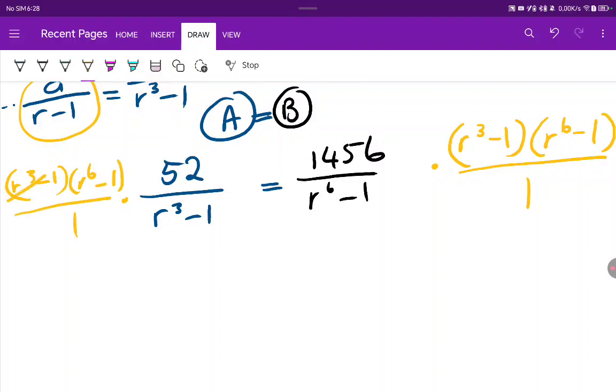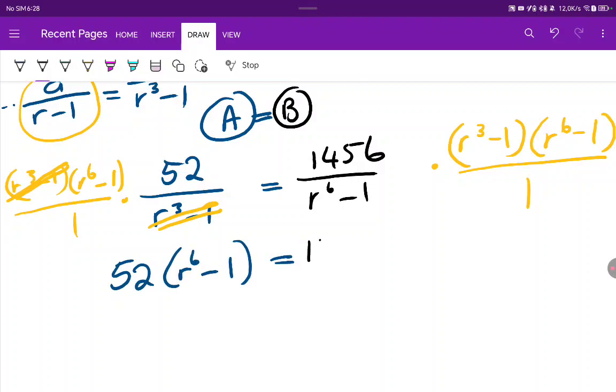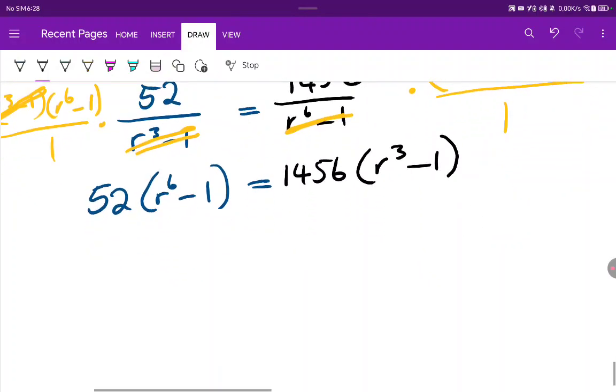On the left-hand side, this bracket cancels out, and I am left with 52 times r⁶ minus 1, no denominator, and that is equal to 1456. On the right-hand side, this denominator cancels with that, and I am left with r³ minus 1 as a numerator, which is perfect. That's what I wanted, right?